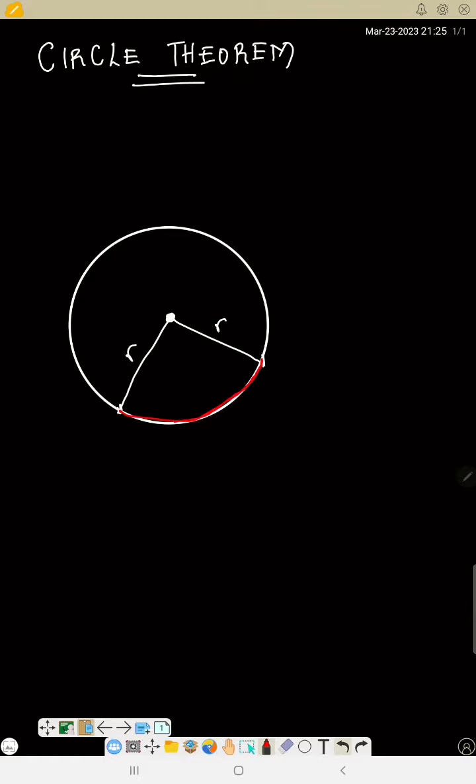This is the minor arc, meaning small arc, while this other one outside like this is major. So there are two arcs here, minor and major. Minor is the one you see here, while this other one like this is major.